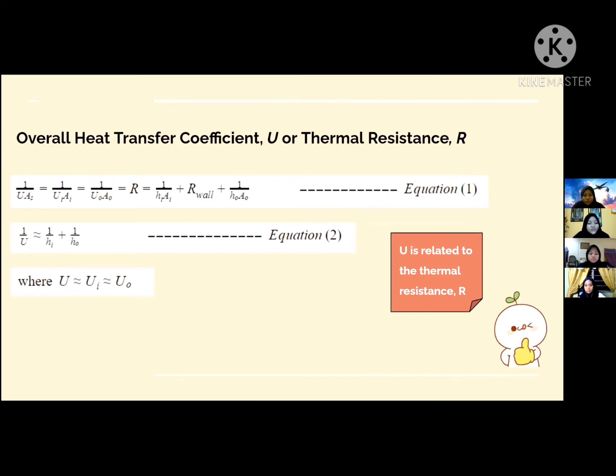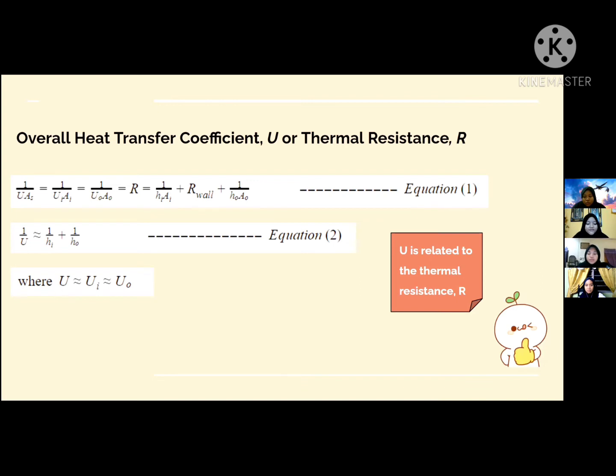First thing that we need to know in order to find the rate of heat transfer in a heat exchanger is the overall heat transfer coefficient U or thermal resistance R. U is related to the thermal resistance R. For example, heat transfer in a heat exchanger involves convection from fluid to the inlet surface, conduction through the heat exchanger surface, and convection from fluid to the outlet surface.